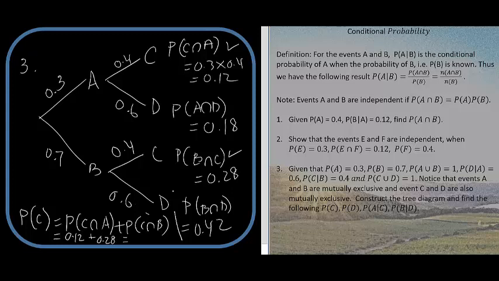Add together, you get 0.4. That's your probability C.